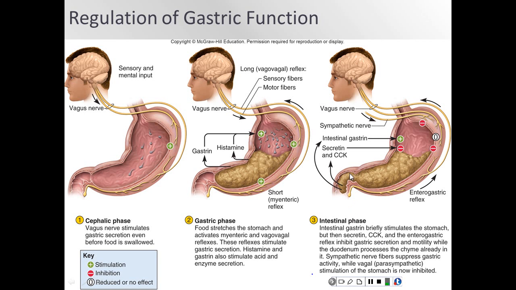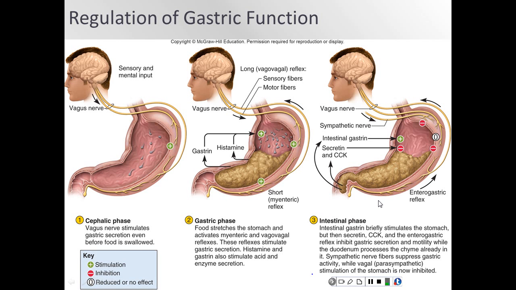So this chyme stimulates the CCK and the secretin. And while those are being secreted, they stimulate the pancreas and the gallbladder, stopping the gastric secretion and the motility of the chyme.